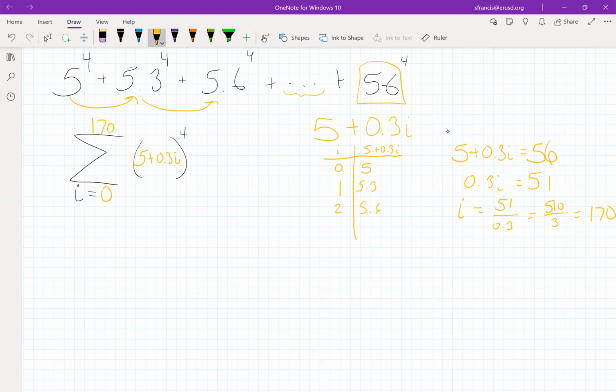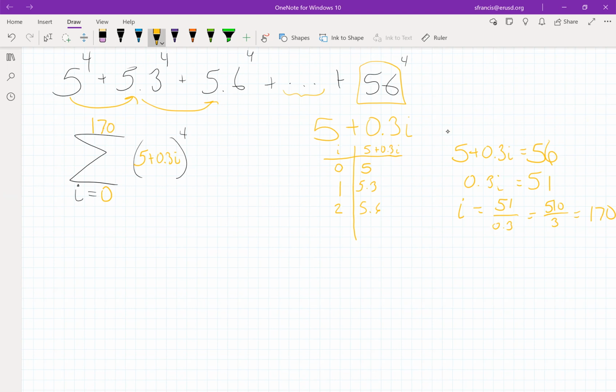So I'm adding 0.3. So I went 5 plus 0.3 times i. That means I need the 5 to be the first term, which means I need this whole term 0.3 times i to disappear when I plug in my first value of i. How does it disappear? i has to be 0. I don't know if that was very helpful. Oh, that helped. Thank you.